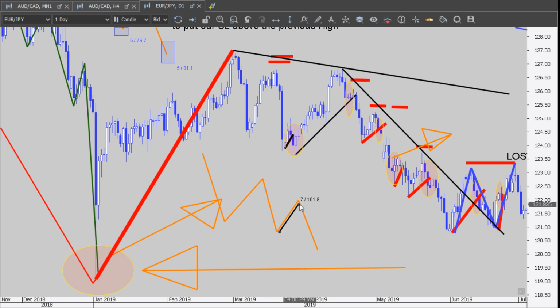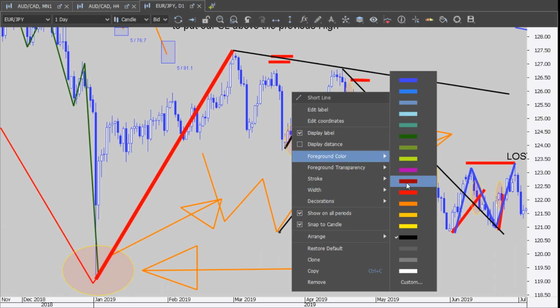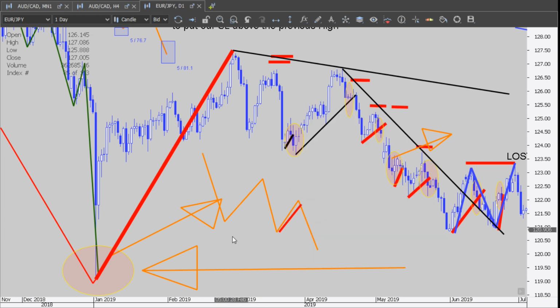Okay, this would be the structural. Let's color code this in red. Okay, this is the structural retracement. In order for the market to wave, it must make an extension, meaning even though this is a short-term uptrend, in the end the market must push lower. It must make a lower low structure.